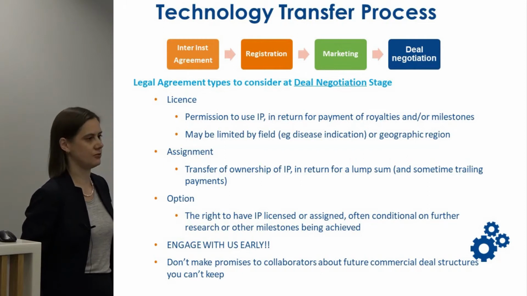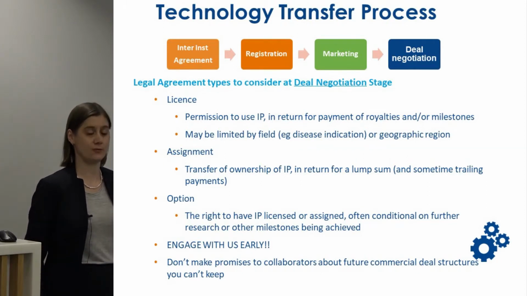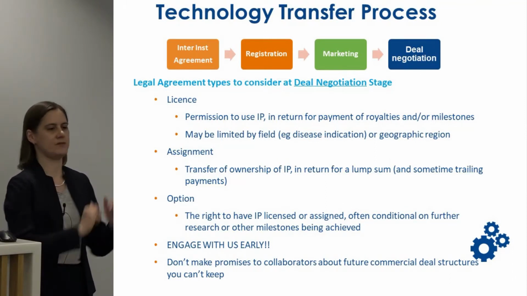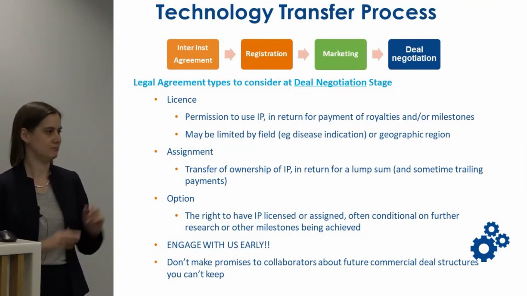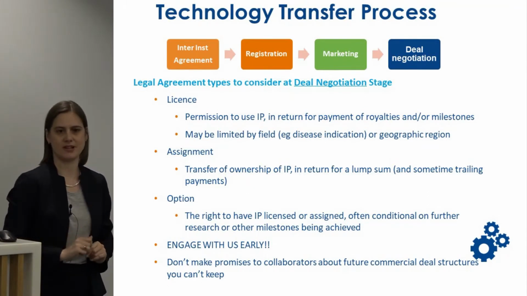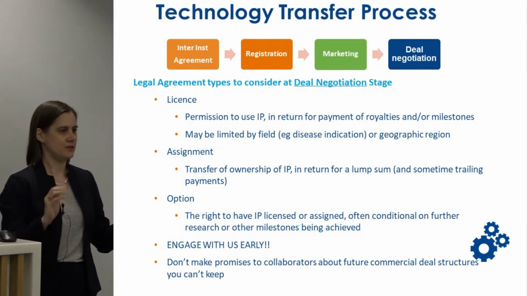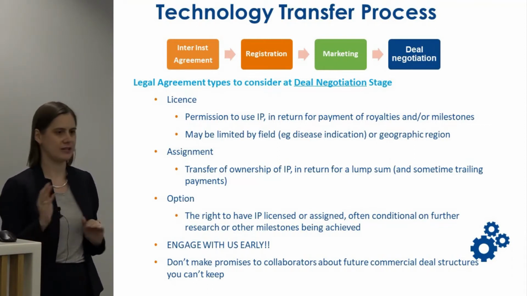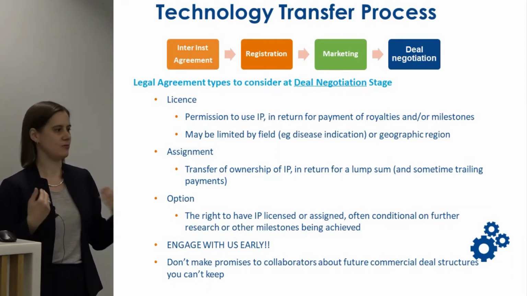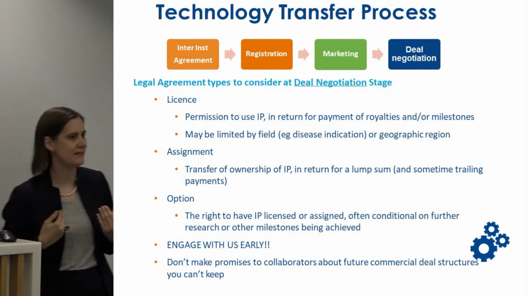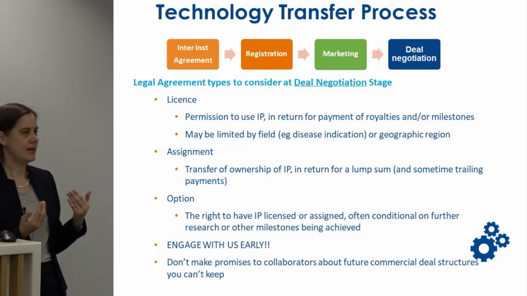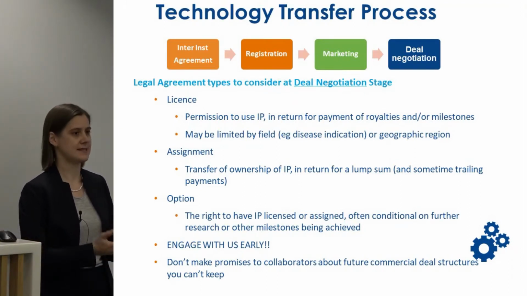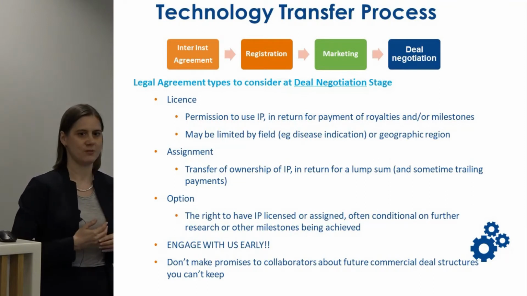And the three most common types of agreements for commercialisation are the licence, where I own the IP, I'm going to give you permission to use it for cancer, I'm going to give you guys the right to use it for heart disease, you've got to do certain things with that, achieve certain milestones, regulatory approvals, etc. In return, I'm going to get a cut of the profits you're going to make from my amazing technology. But if things don't work out, well, then I've got the ability to terminate, to end the licence, go find someone else that will commercialise it for me.